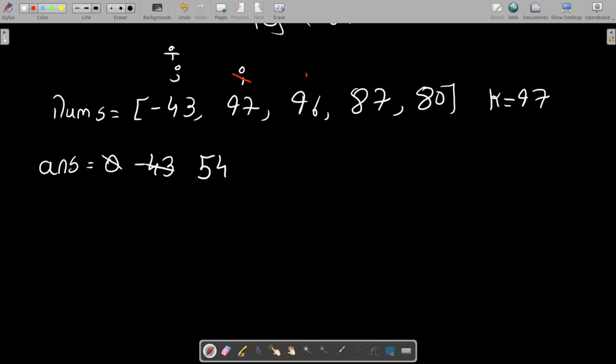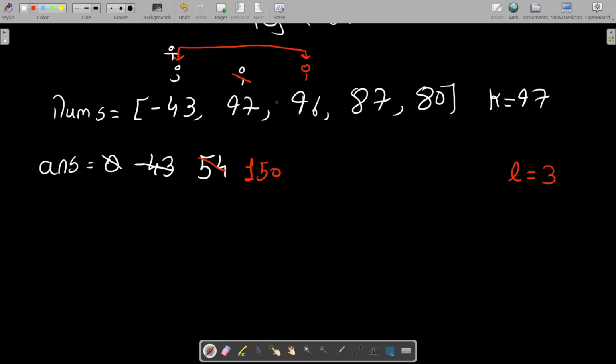Now our i will go here, and we will take 96 plus 54, then we will get 150 as the answer. So we get this window, right? So what do you think our length will be? Yes, of course 3.